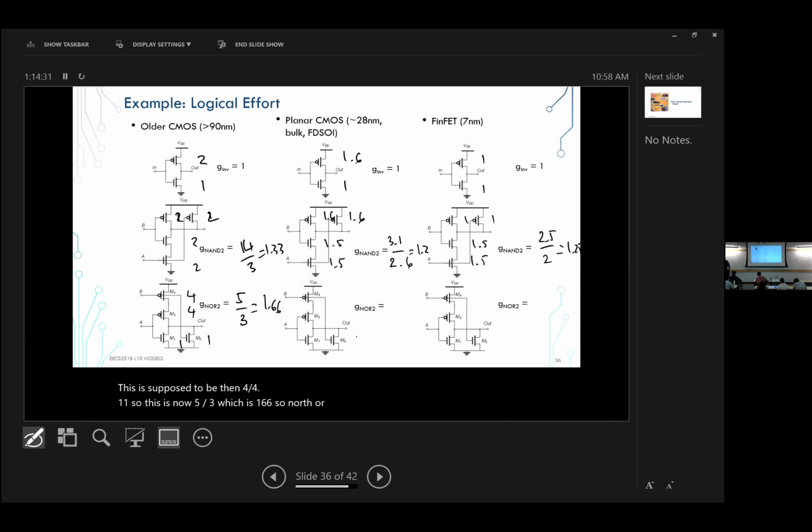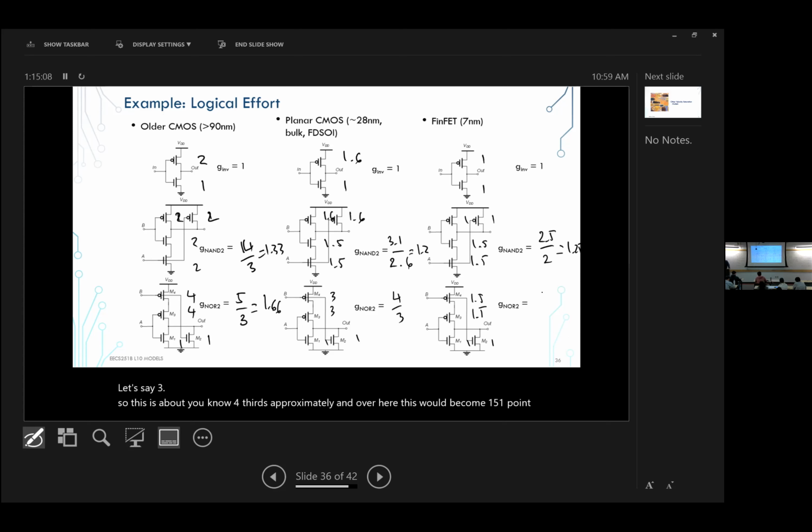In this case, it would be 1, 1, and this would be 1.6 times 1, 1.6 times 1.8. Who can do that quickly? It's like 3. Let's say 3. So this is about 4/3 approximately, and over here this would become 1.5, 1.5, 1, 1.